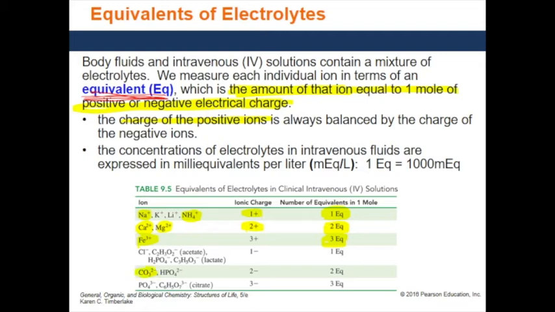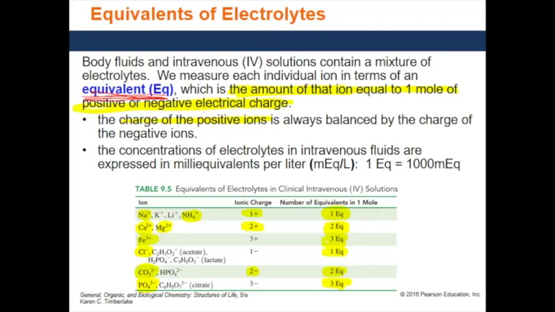For instance, carbonate, CO3 2-, has a charge of 2-, so it will produce 2 equivalents. Chloride ion has a charge of -1, so 1 mole of chloride would produce 1 equivalent. Phosphate ion has a charge of -3, so 1 mole of phosphate would produce 3 equivalents.